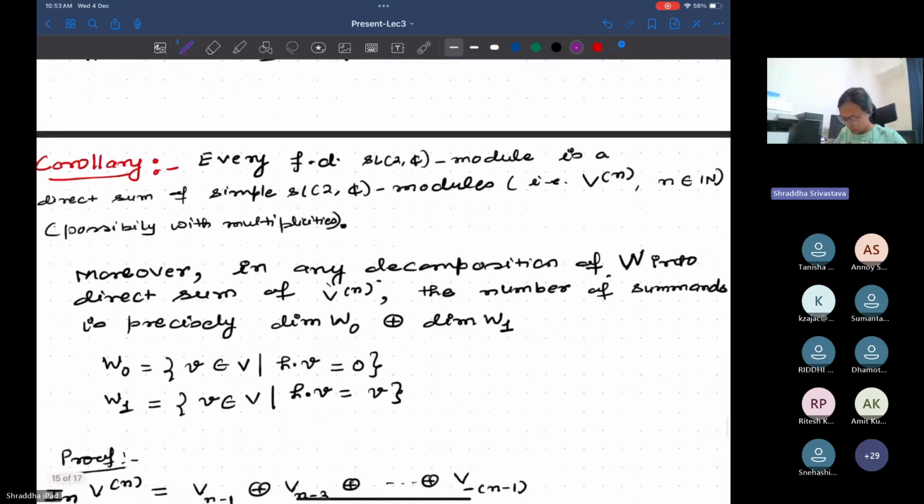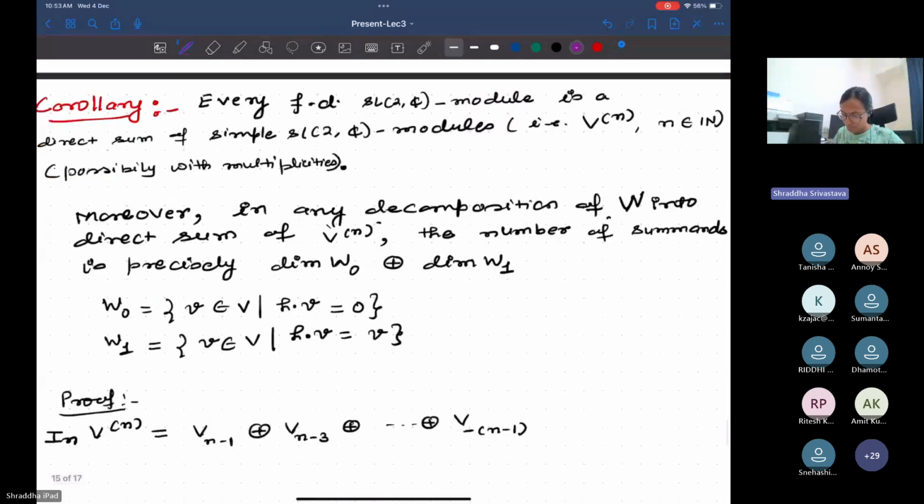Okay, so we know how irreducible representations of SL2C look. So now if you start with any finite dimensional representation of SL2C, you can use Weyl's theorem to write V as a direct sum of irreducibles.